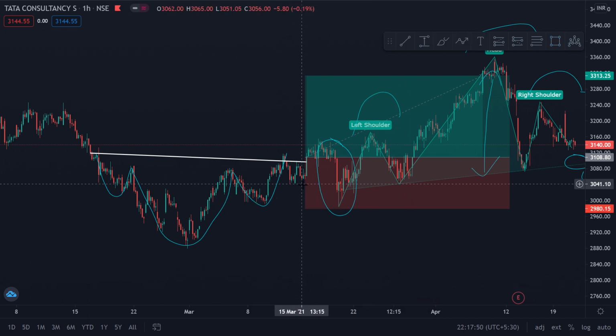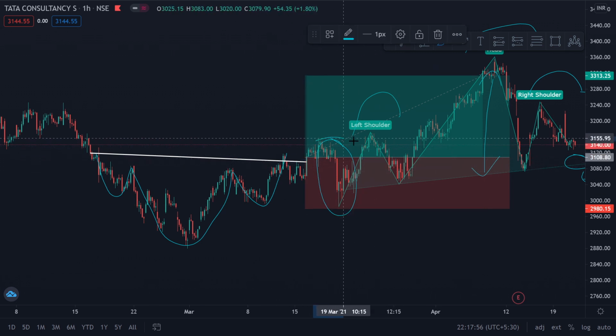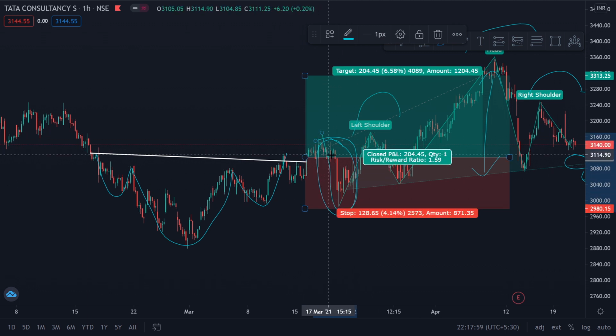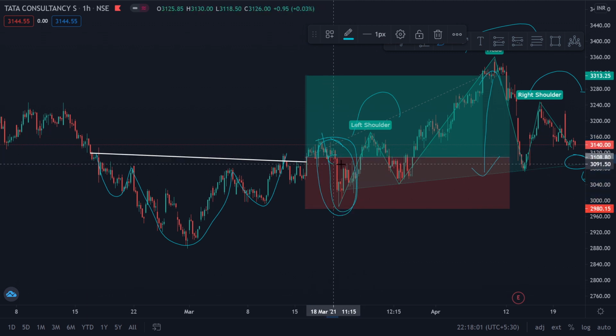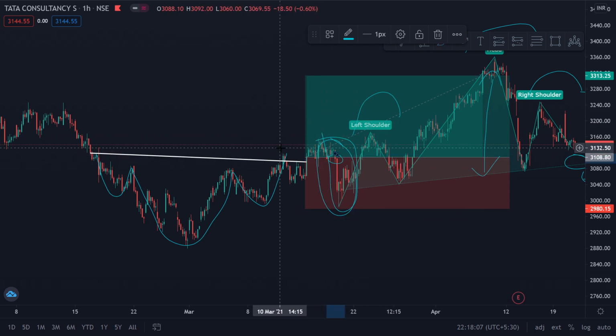He will have to go through all this, which is difficult. Most of the time he may book his losses here because he doesn't want a positive trade to turn into a negative trade. So these are the psychological perspectives.